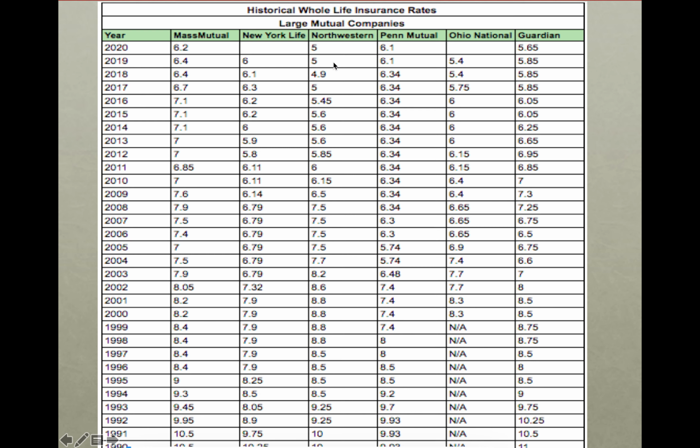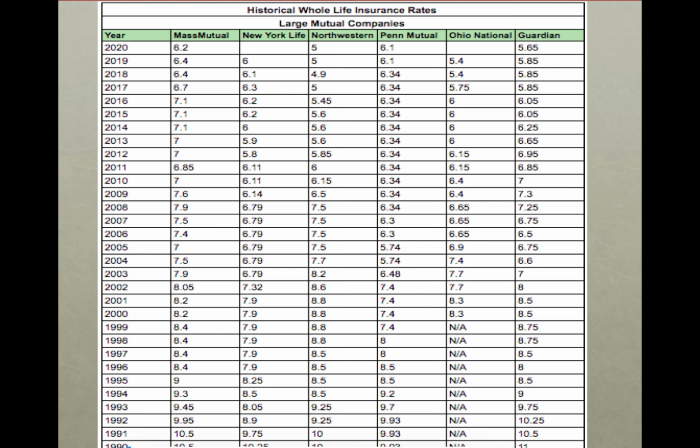The reason for that is insurance companies go out and buy very long-term bonds. They go out and buy 30-year U.S. government bonds. If you were to go out and buy a 30-year U.S. Treasury bond right now, I think you would get somewhere around 1.4% interest on it.